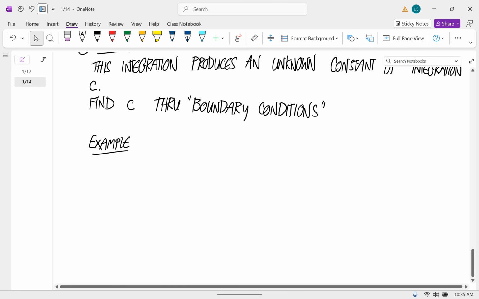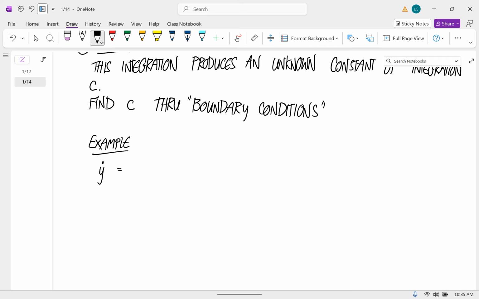So let's say that our differential equation is y dot is equal to y squared t squared, where y at time equals 0 is equal to 10.